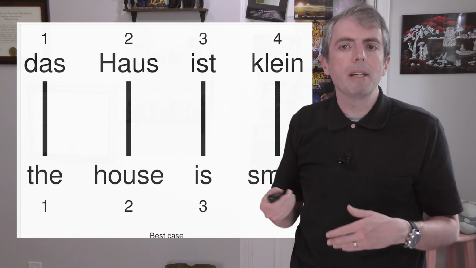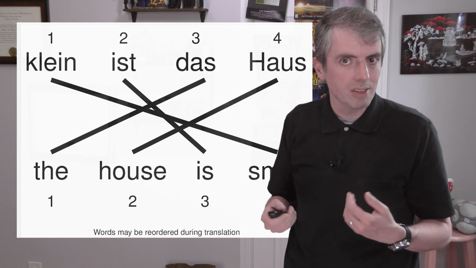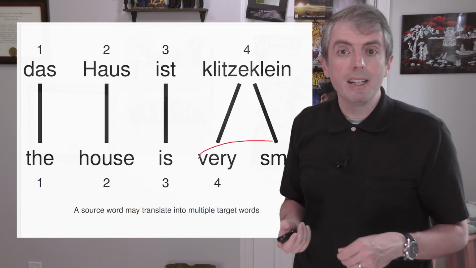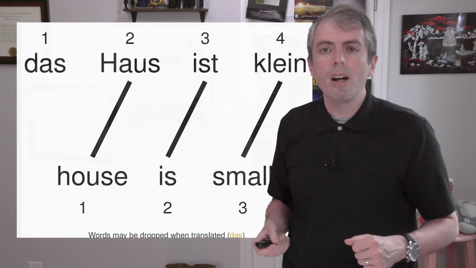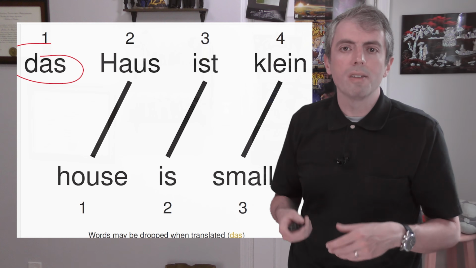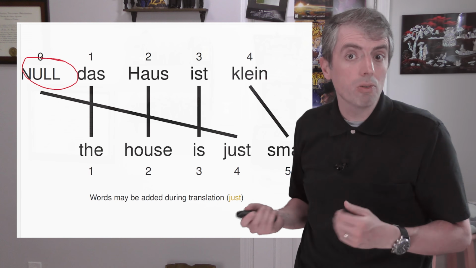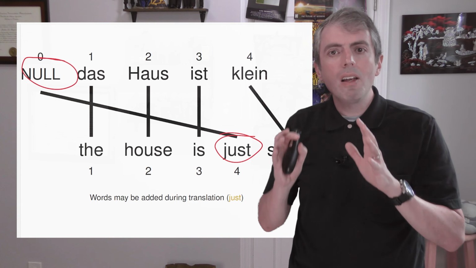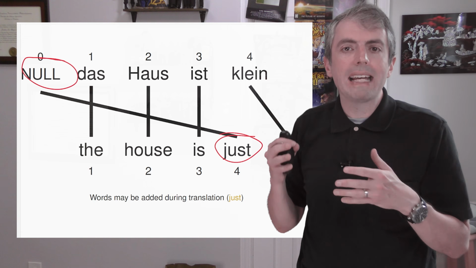Sometimes you have words coming in different orders between languages. Sometimes a single word in the foreign language becomes two words in English. Sometimes words are dropped, and sometimes target words can't be aligned to a source word, and so they get aligned to this null thing instead. So all of these considerations need to be accounted for.